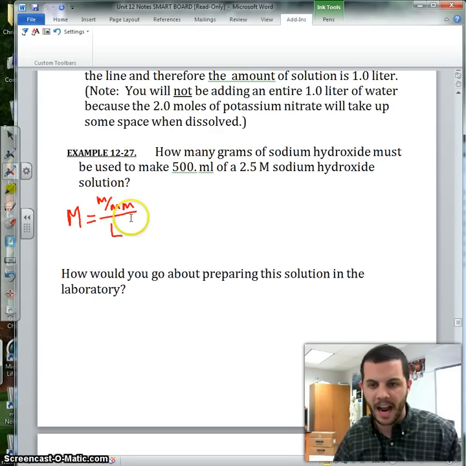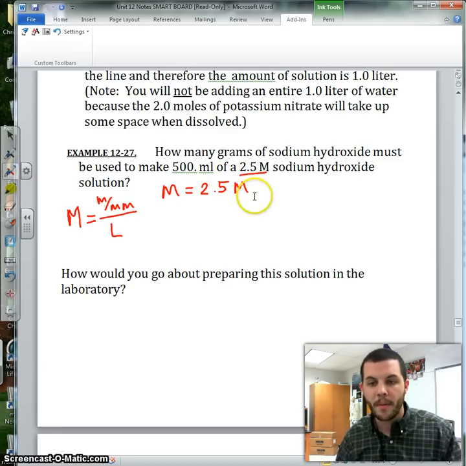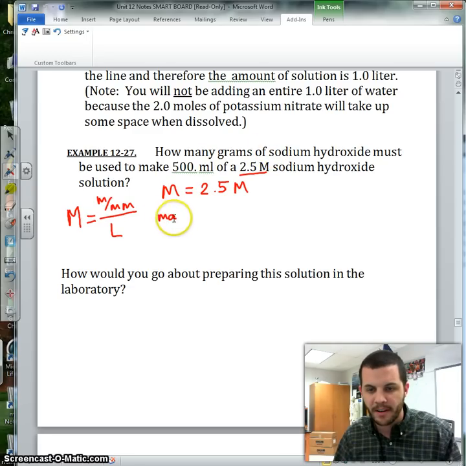Let's see what all I have. Do I know my molarity? Yes, I do. My molarity is given to me in my problem. It is 2.5 molar. Do I know my mass? I don't. That's what I'm looking for. So I'm looking for my mass in grams, so that's going to be question mark g.